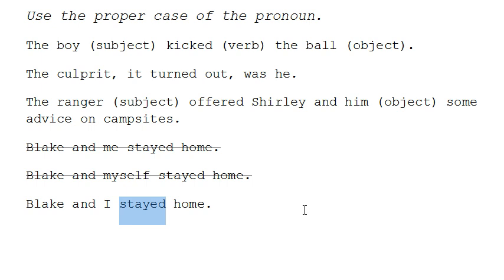They are the subject of the verb, and the subject of the verb, if it is a pronoun, should be the personal pronoun I. If it were the object of the verb, then we would use the form me for the pronoun I.